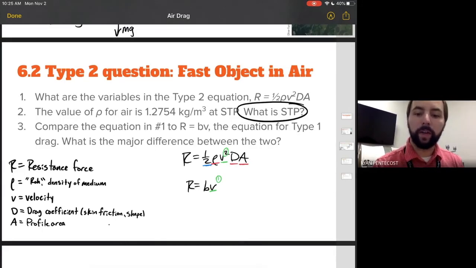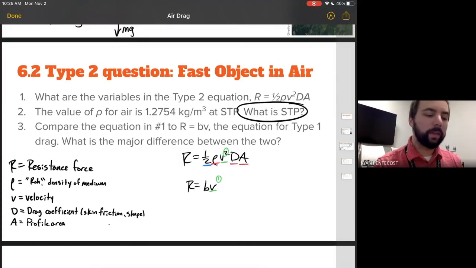Everything else just affects it by a factor of a linear relationship, just like in type 1 drag. But the velocity has this upper hand on everybody else. If the velocity changes, it affects the drag much more than if anything else were to change. So that is the major difference between those two.